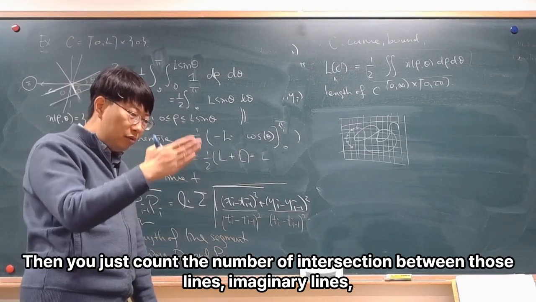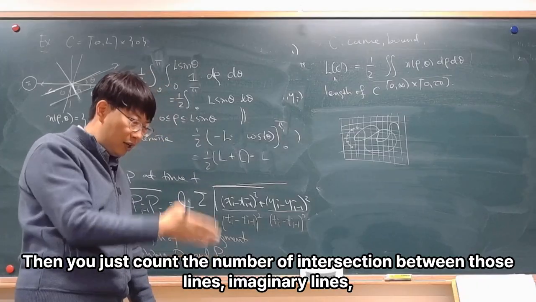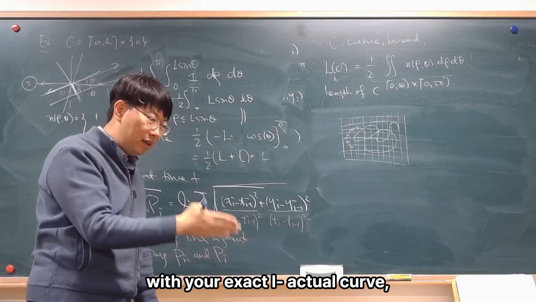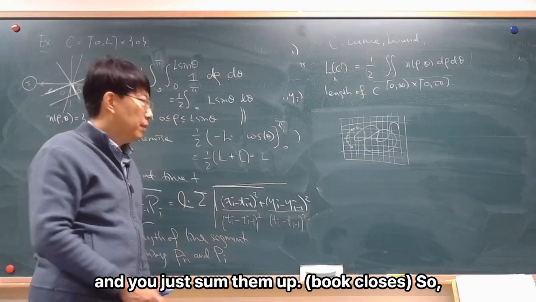Then you just count the number of intersections between those imaginary lines and your actual curve, and you just sum them up.